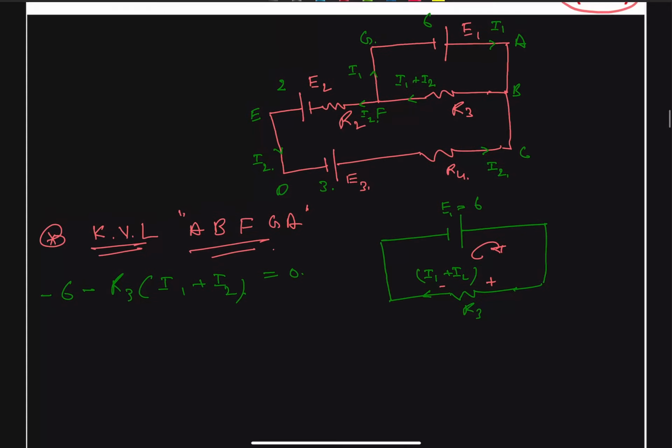Let me check, this is the correct one. Yes, this looks good. We will just re-verify that later on also, but for the time being it looks good.